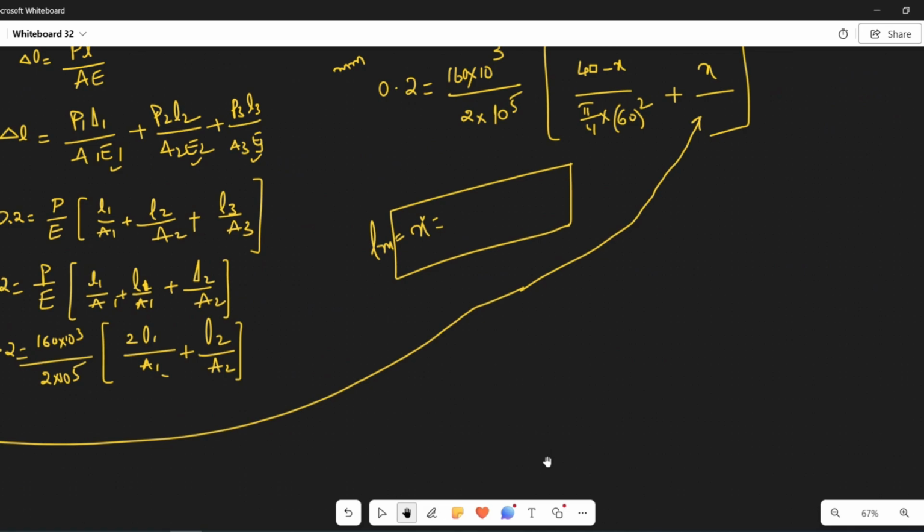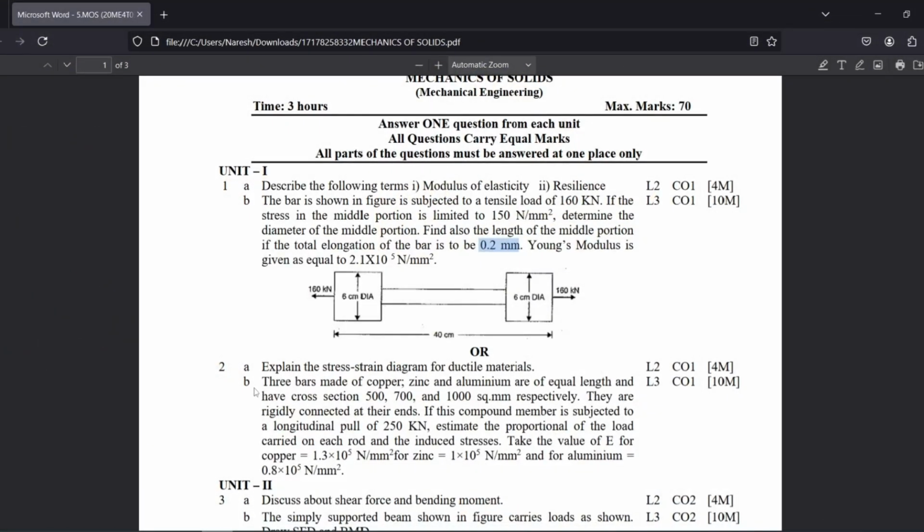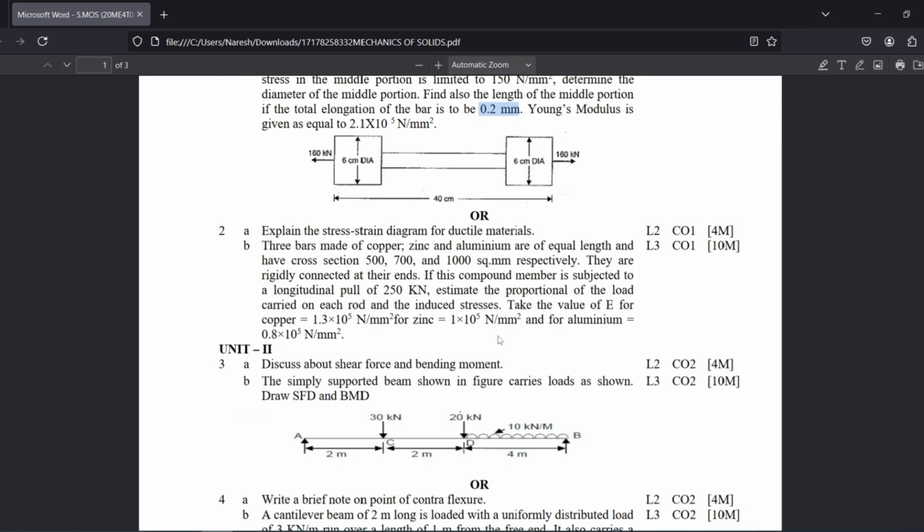Substituting this value, you get the first one. Now let us come to the next problem.